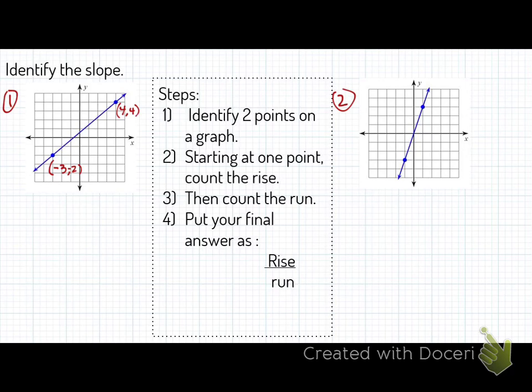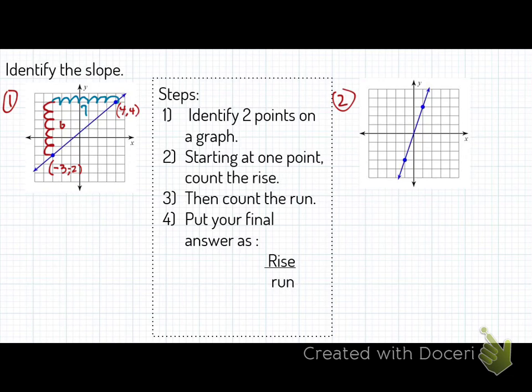Then I want to count my rise over run. So I'm going to start at 1 point, okay? So I'm going to go up 1, 2, 3, 4, 5, 6, right? And I know I'm rising 6, okay? So I'm going to put that down. Then I'm going to run from where I left off, 1, 2, 3, 4, 5, 6, 7. And I'm going to put my run down as 7.